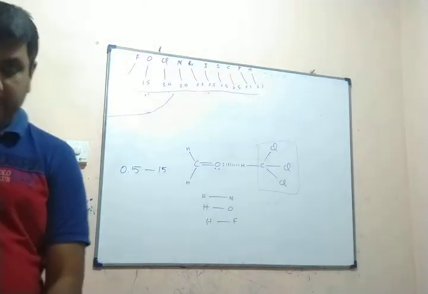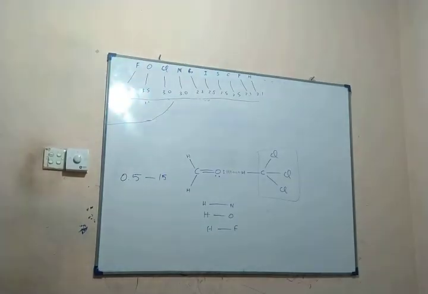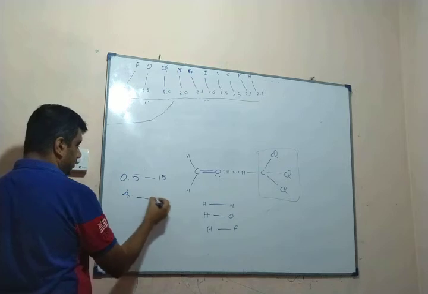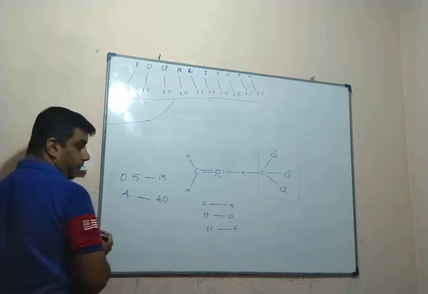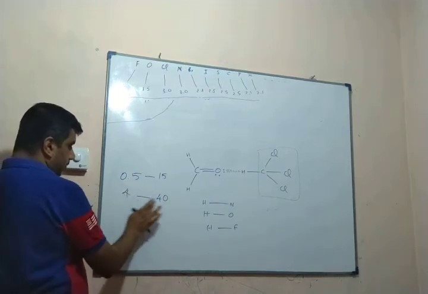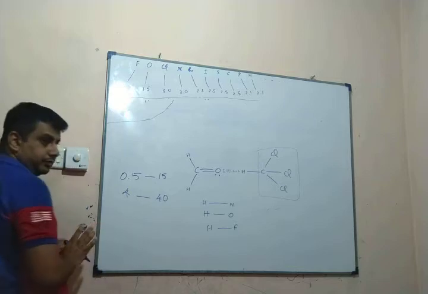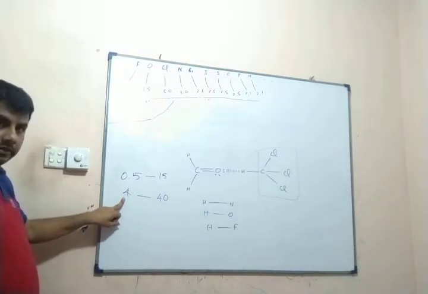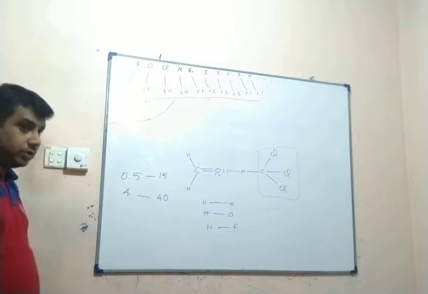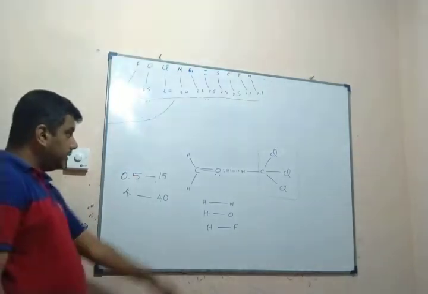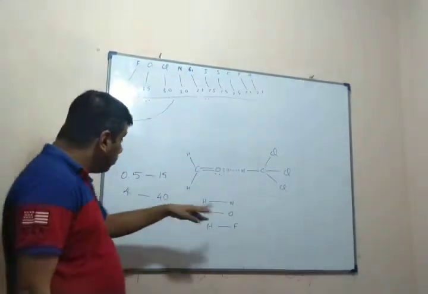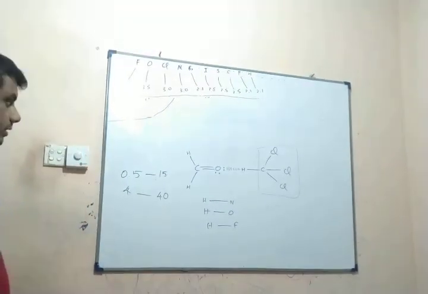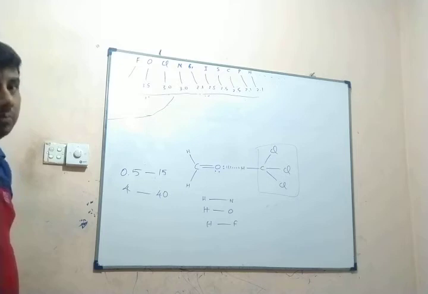But in case of hydrogen bond, 4 to 40. So it will be larger than the normal dipole attraction. And here it's more than 15, so it's also a hydrogen bond.